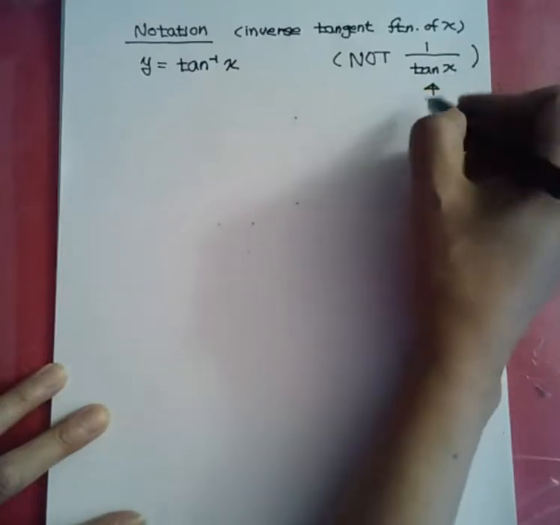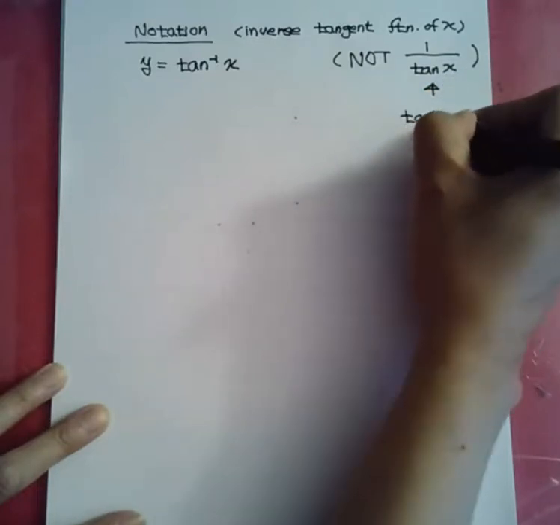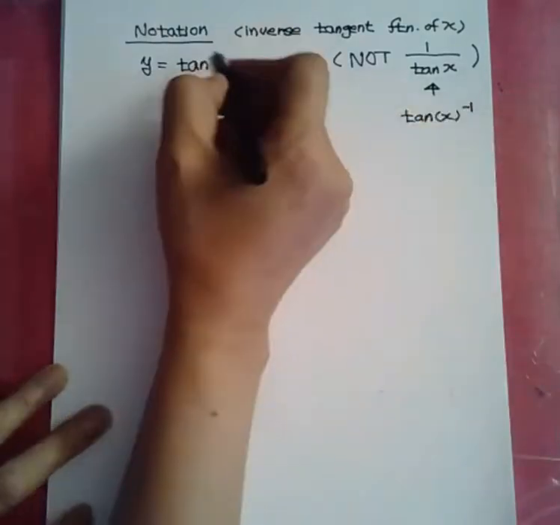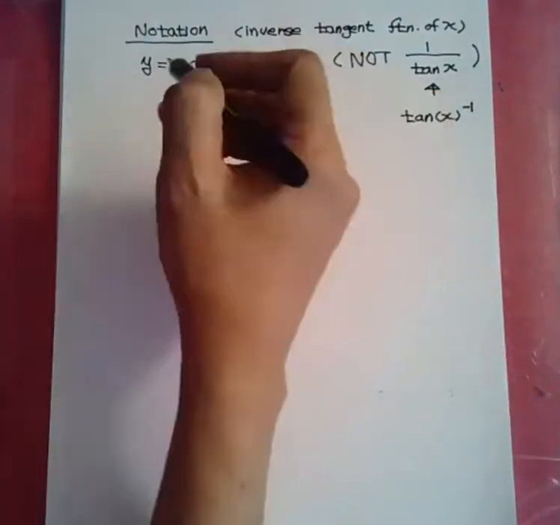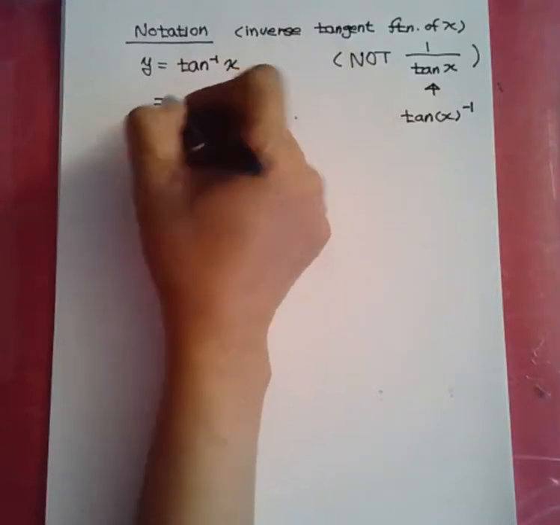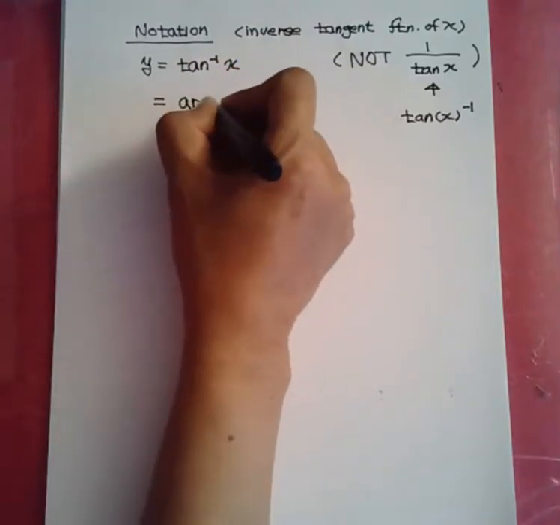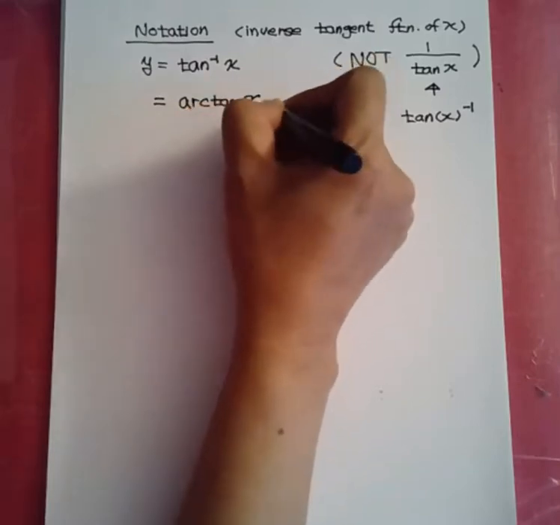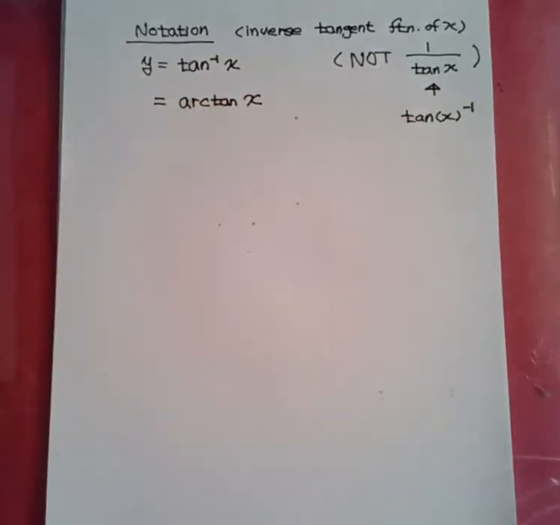That would come from tangent of x to the power of negative 1. This is the inverse tangent function of x. Sometimes we write it as arc tan, arc tangent function of x. That is equivalent to the inverse tangent function.